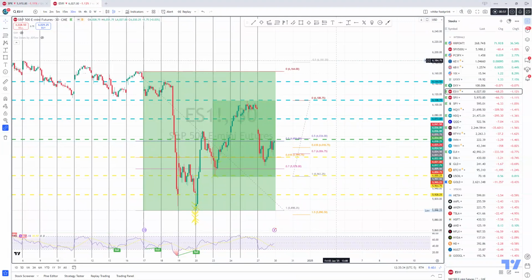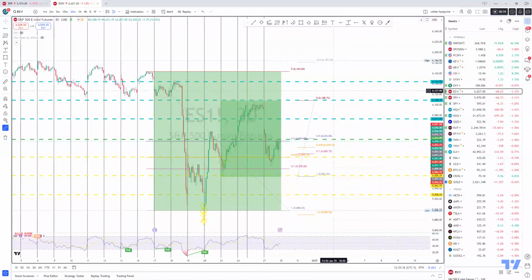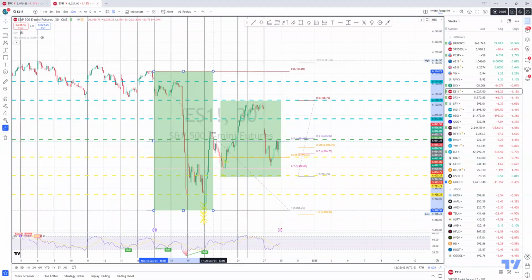So, what we've got here is two boxes, one that is bigger than the other. What we've got here is basically a balance. If you look at the weekly chart, this will be a balance area from 61.64 to the low that was made over here, 5898. So the market right now has a state of balance.